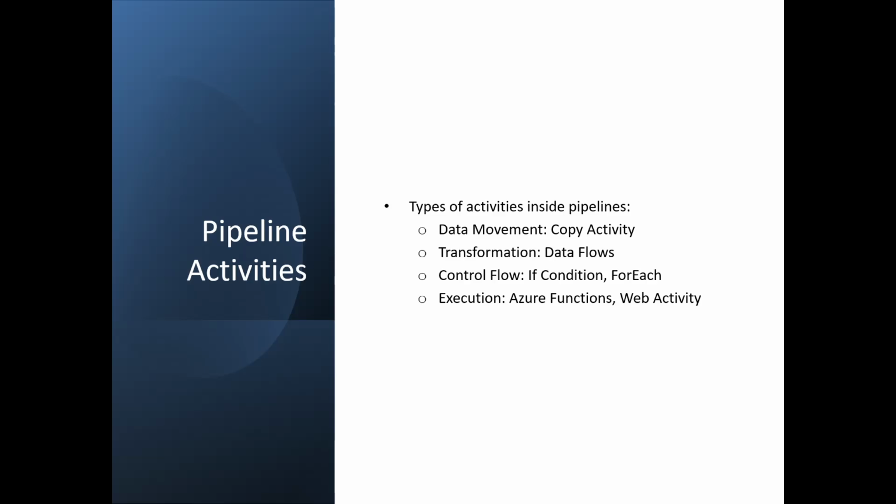We have data movement, which is the copy activity; data transformation, which is the data flow activity, or mapping data flows; control flow, which is ForEach, If Condition, Wait, or Execute Pipeline; or external execution, which would include the Web activity, Azure Functions, or stored procedures. And you can combine these activities into sequences, conditional branches, or loops to perform your tasks.